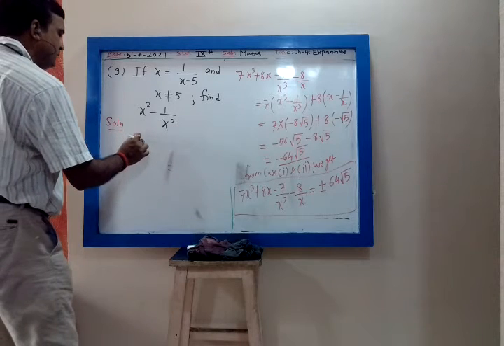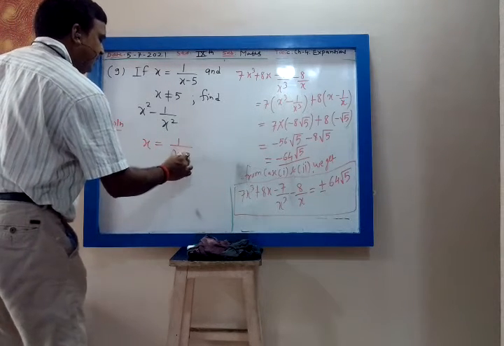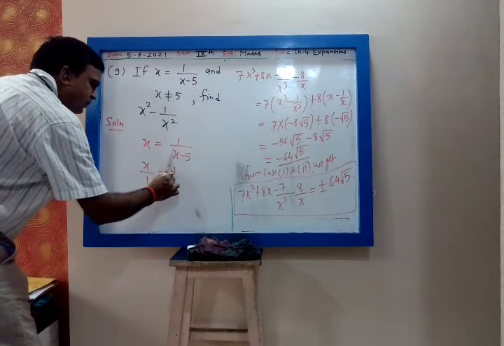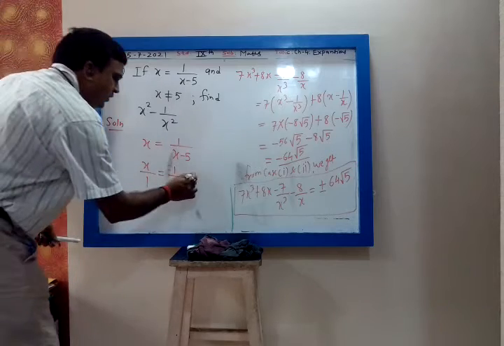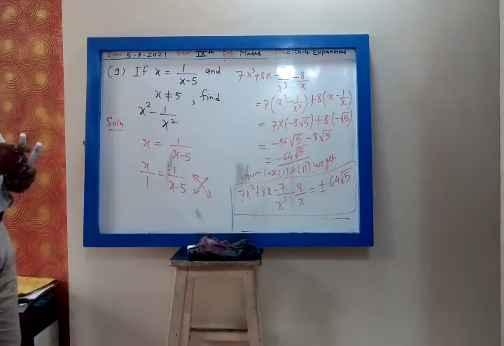So x is equal to 1 upon x minus 5. x I can write as x upon 1, equal to 1 upon x minus 5. And whenever you have equality of two fractions, we cross multiply.